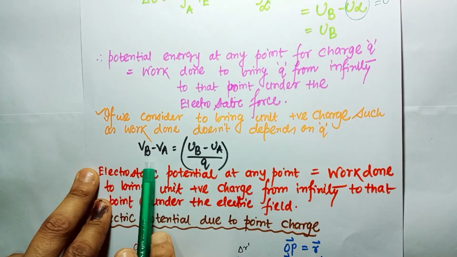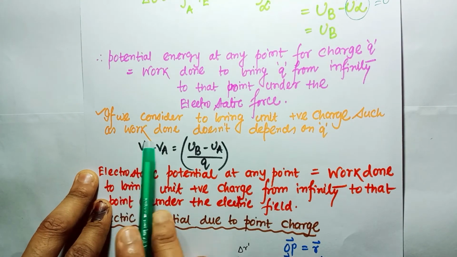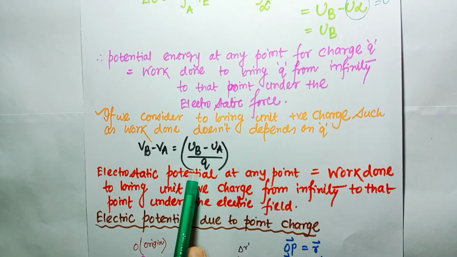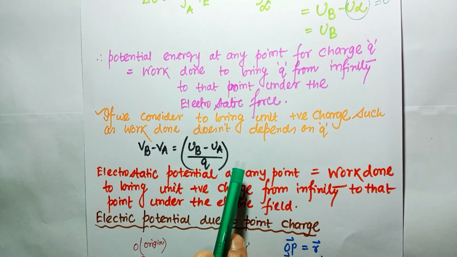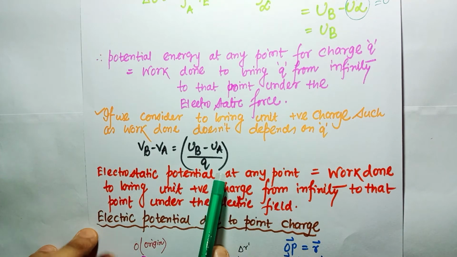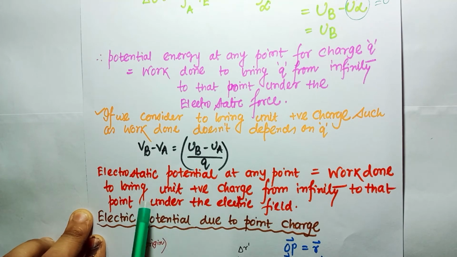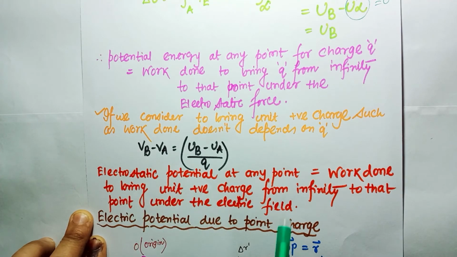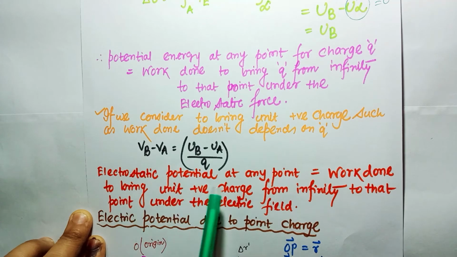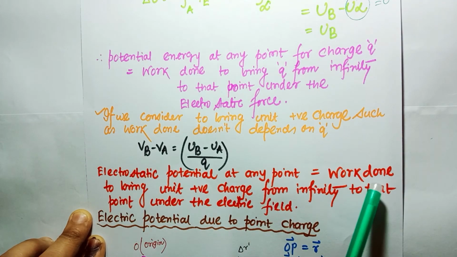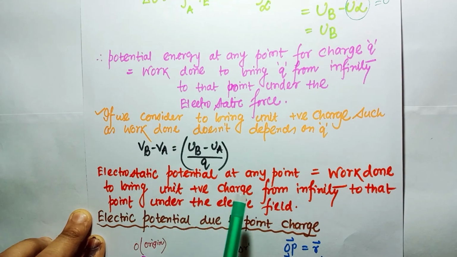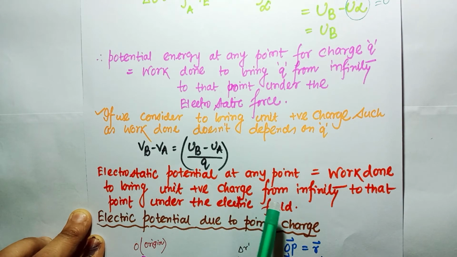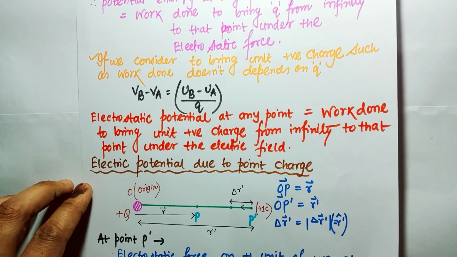So V_B minus V_A, which we define as the potential, is equal to the change in potential energy U_B divided by Q. The electrostatic potential at any point is equal to the work done to bring one unit of positive charge from infinite distance to that point under the electric field, and is called the electric potential.